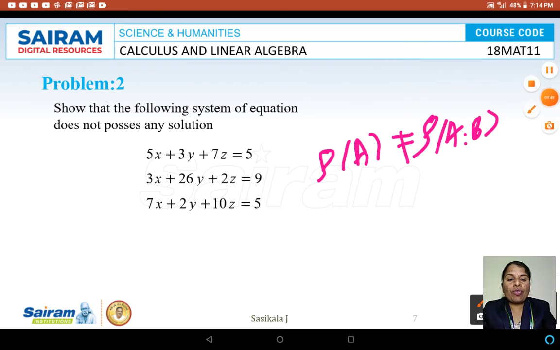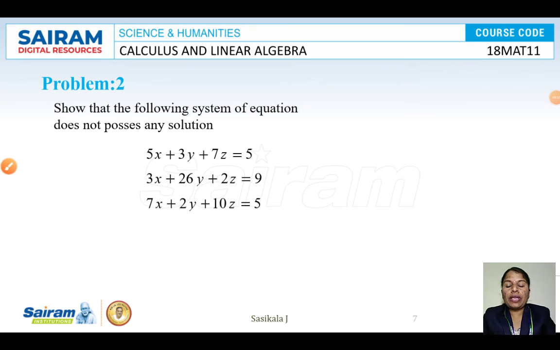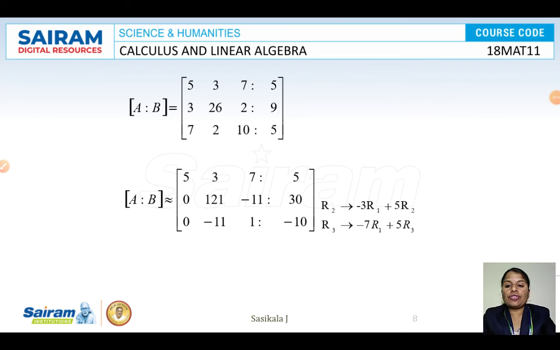So we need to show that the rank of A and the rank of the augmented matrix are not equal. For that, take the augmented matrix first: 5, 3, 7, 5; 3, 26, 2, 9; 7, 2, 10, 5. You can write the first row as it is.